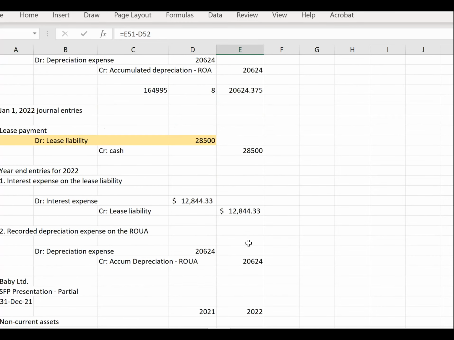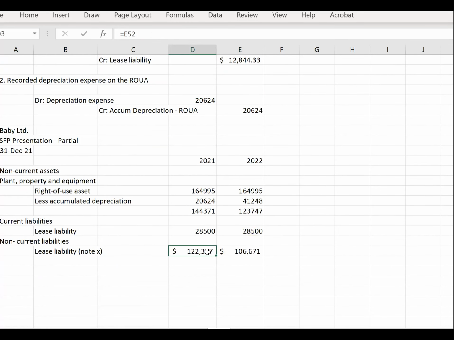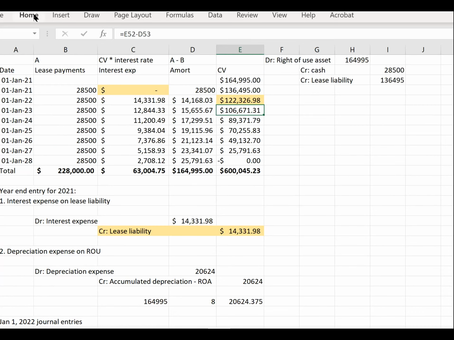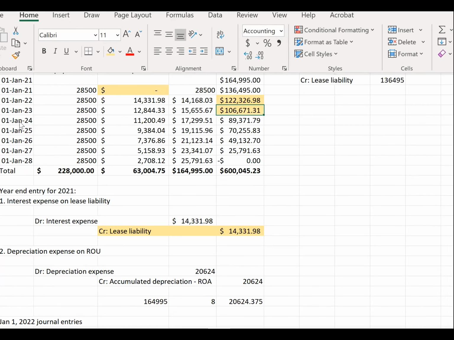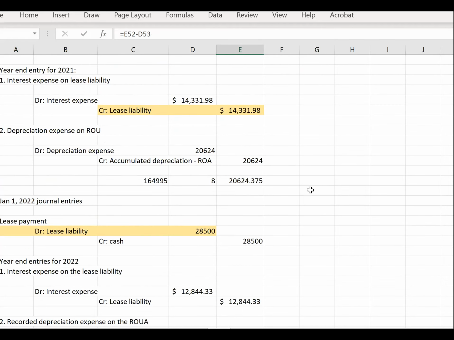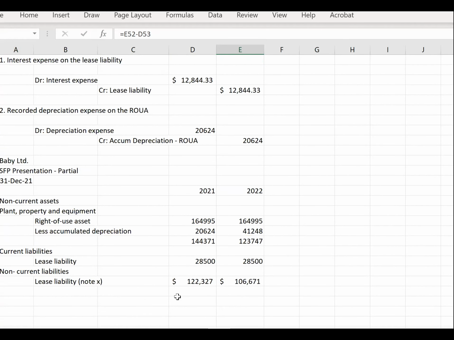So that's going to be our 122 here that we have. And then our 2022 carrying value of our lease liability that's long-term is going to be the next number here, which is going to be 106,000, which is the carrying value on December 31st, 2022. So one day before this date. And that's what our long-term balance is here. And that's why we need our amortization schedule too, so we have those numbers.